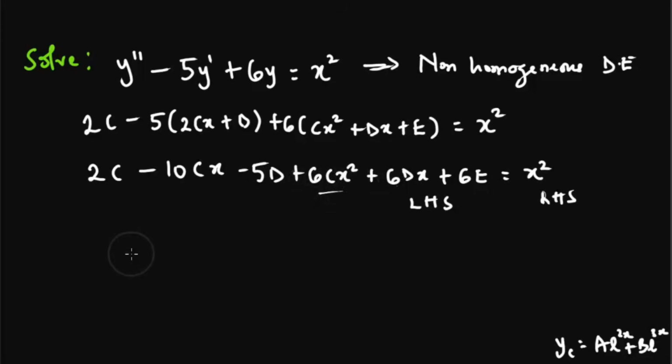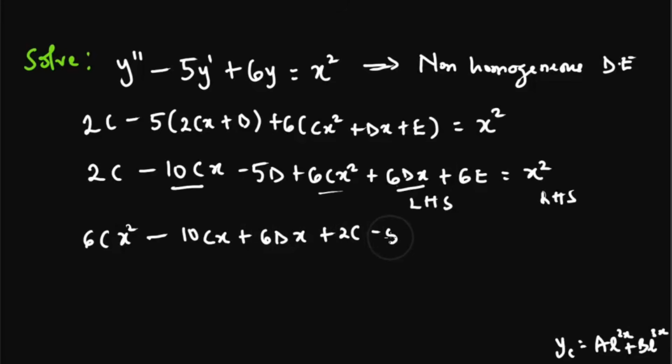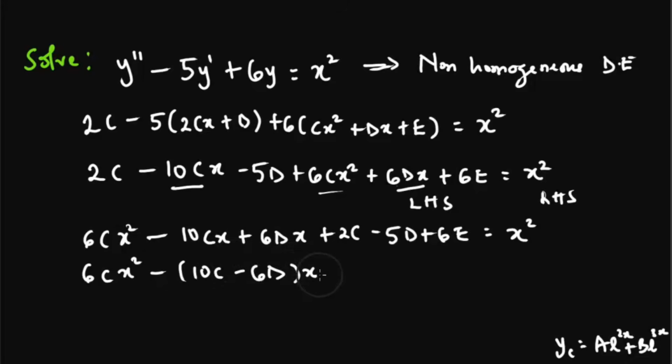So we have 6cx squared minus 10cx plus 6dx plus 2c minus 5d plus 6e equals x squared. We can also rewrite it as 6cx squared minus (10c minus 6d)x plus 2c minus 5d plus 6e equals x squared.